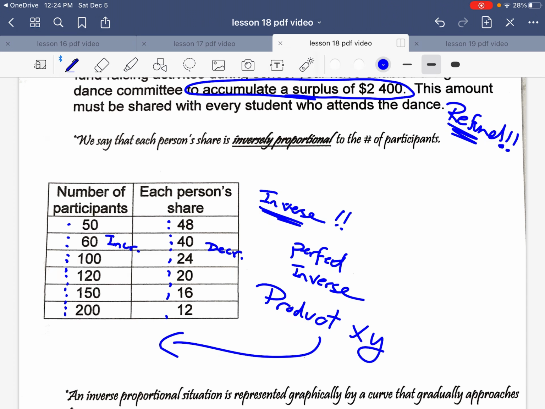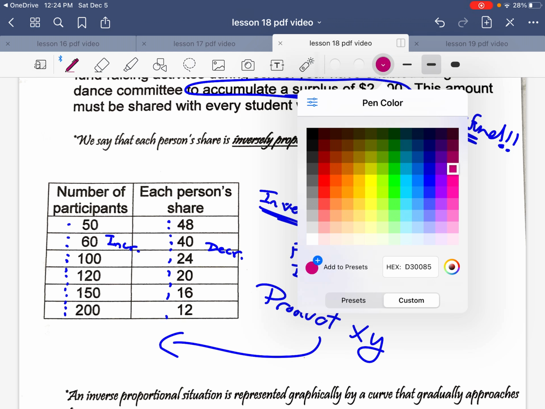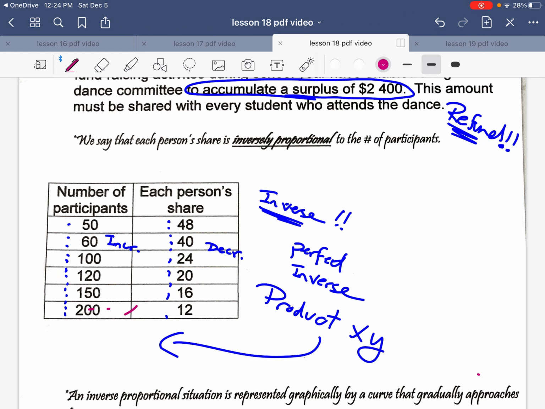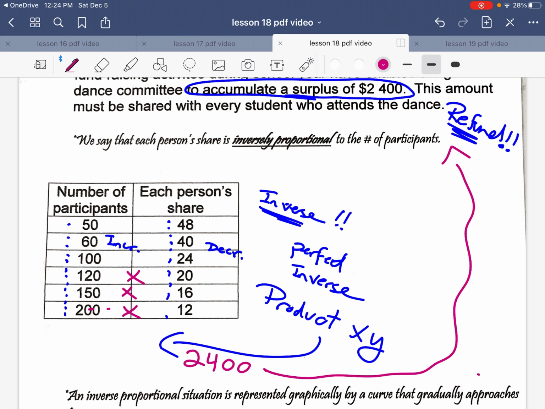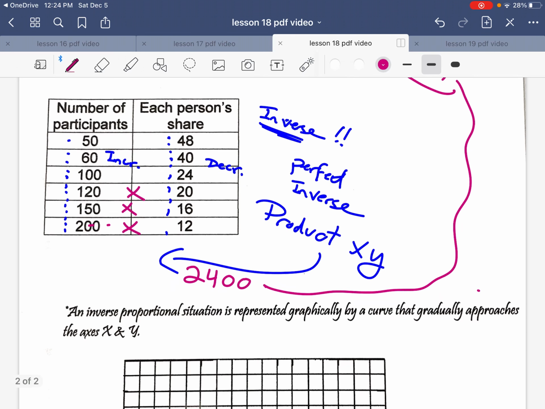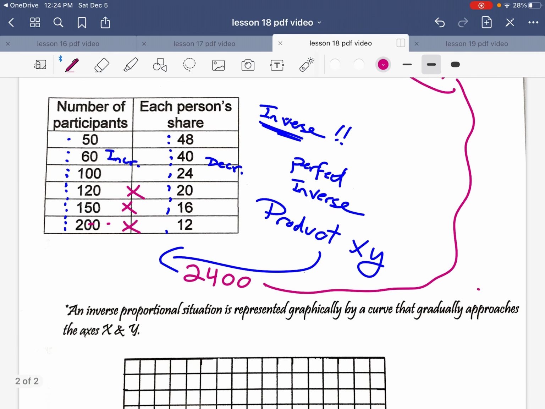Whenever you multiply, no matter which one you pick: 200 times 12, 150 times 16, 120 times 20. Every single time you multiply here, it's going to give you 2,400. That's important because you don't want to make a mistake, because you want every student having a refund. Your magic number is the surplus of $2,400 left over. So again, increasing and decreasing, and the product is constant.